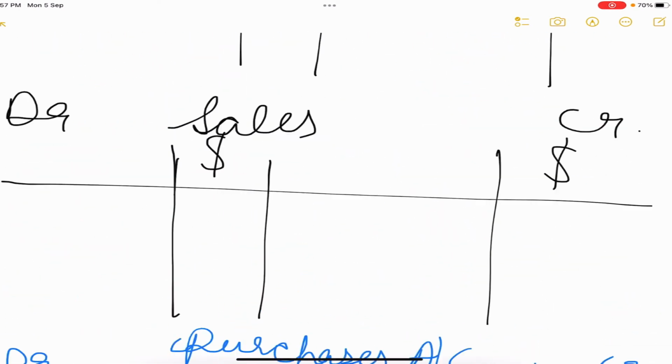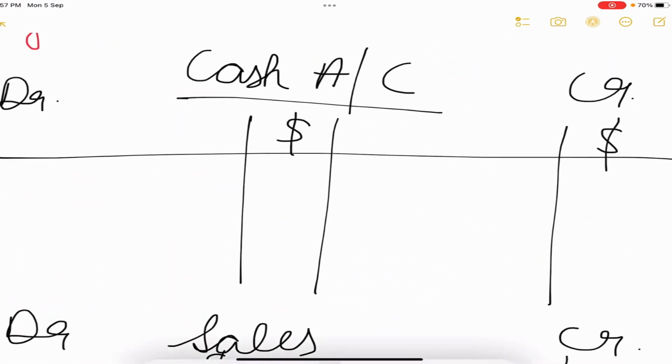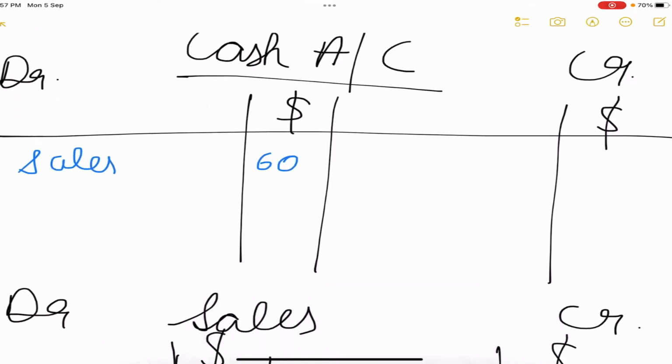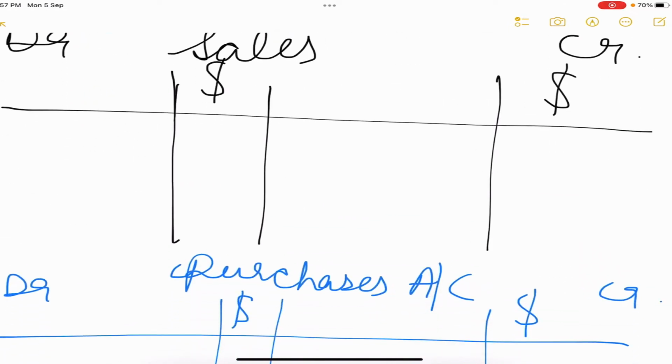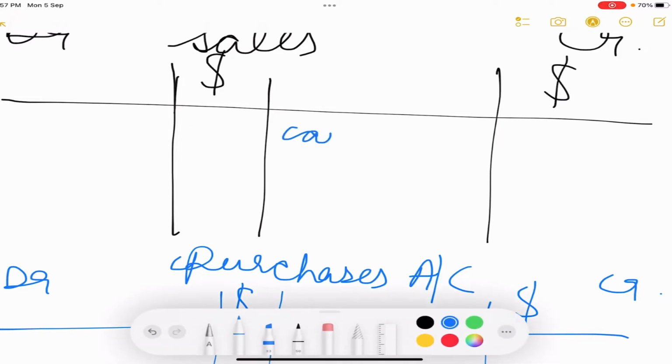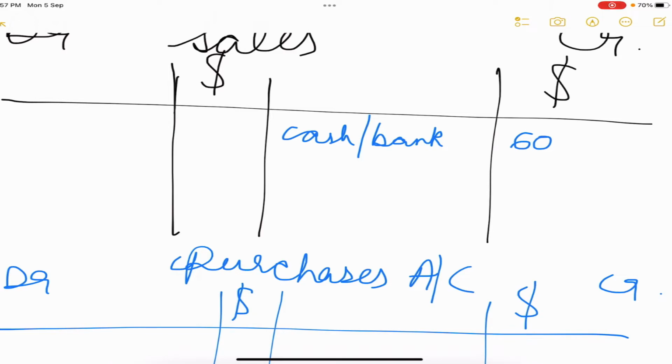The cash account is debited and sales is credited with $60. So you know that cash or bank is the same thing, to sales 60, right? Hopefully, I hope you're able to understand it till here.